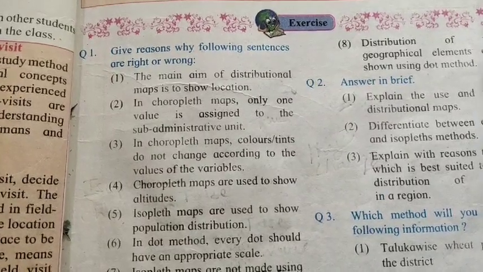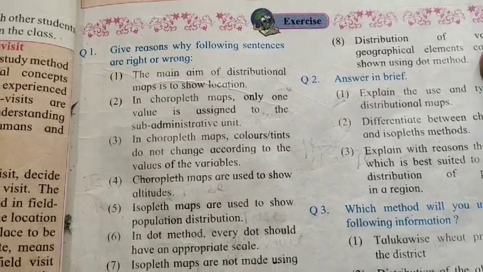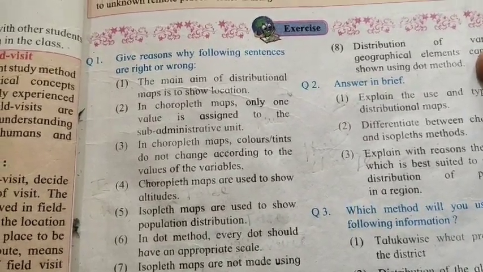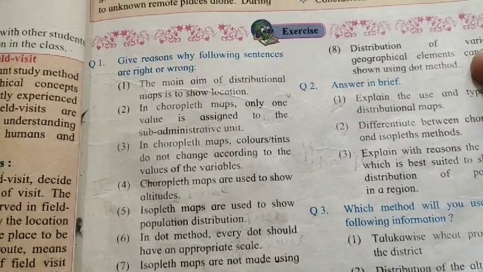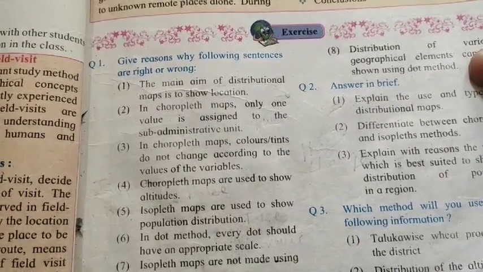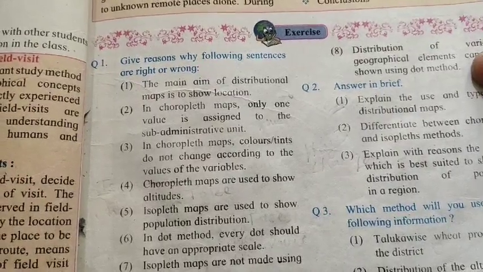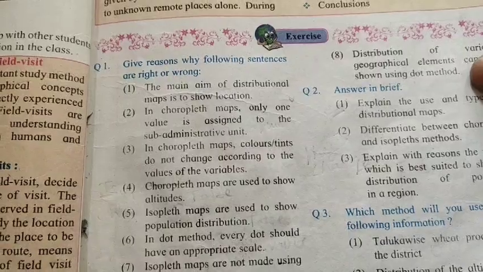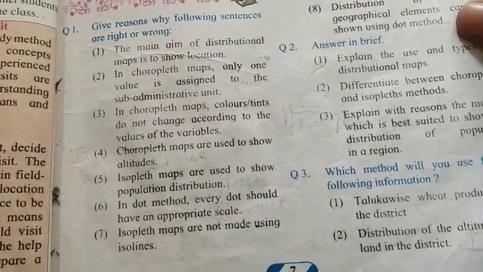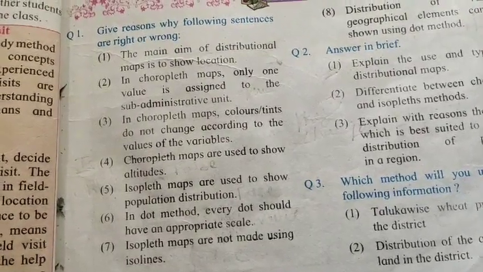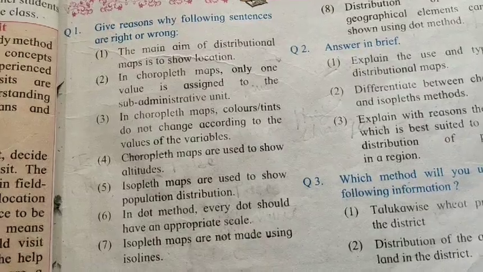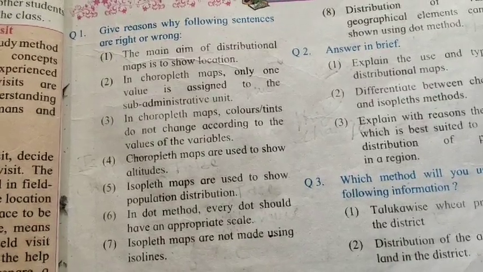Now the fifth one. Isopleth maps are used to show population distribution. So is it right or wrong? It is wrong. They are used to show distribution of variables like rainfall, altitude, temperature, etc. In dot method, every dot should have an appropriate scale.